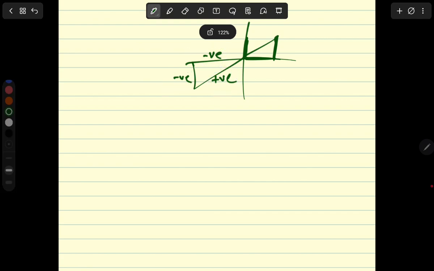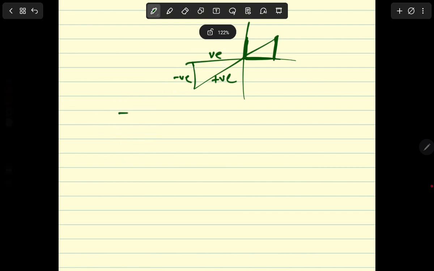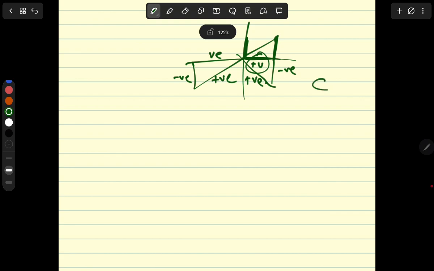However, tan is a ratio of two negative sides, therefore negative upon negative becomes a positive, therefore tan is positive in the third quadrant. And likewise, because this is positive and this is negative, and cosine is a ratio of adjacent and hypotenuse, therefore cosine is positive here. The other two, tangent and sine, are negative in the fourth quadrant, right? So every equation afterwards becomes easier.